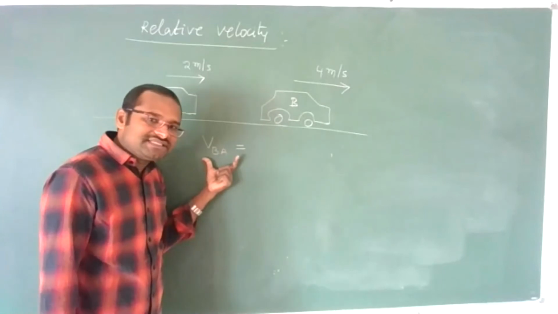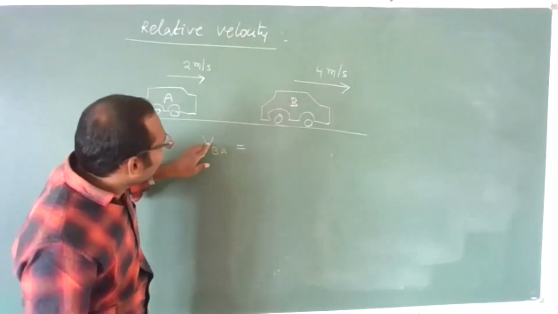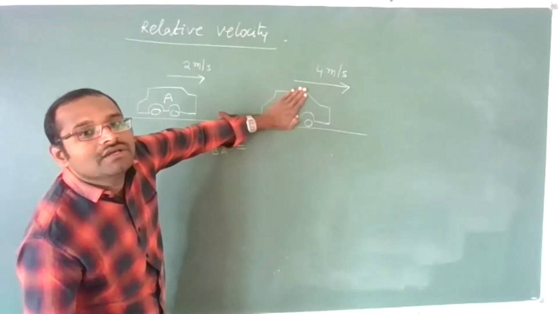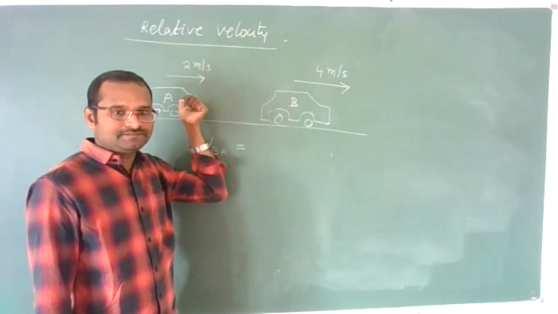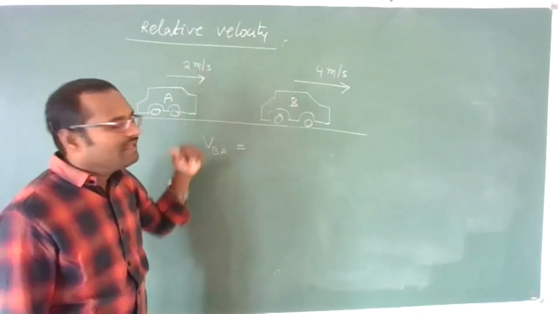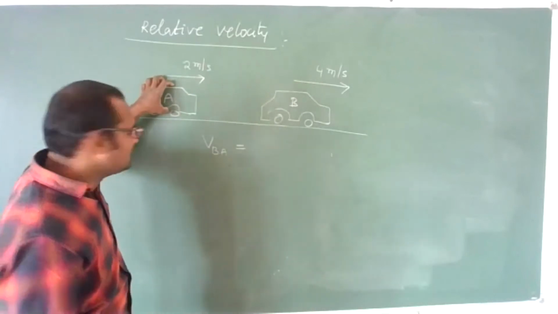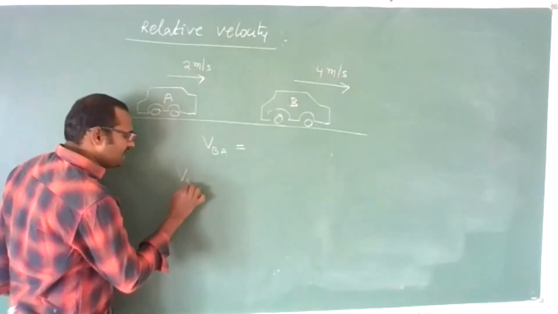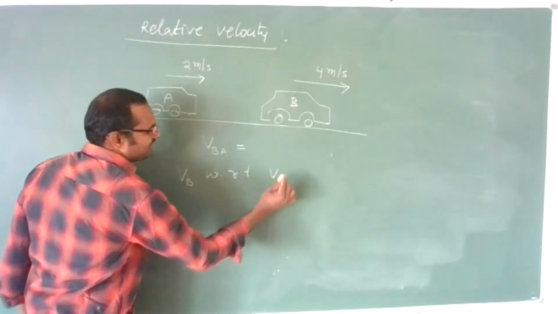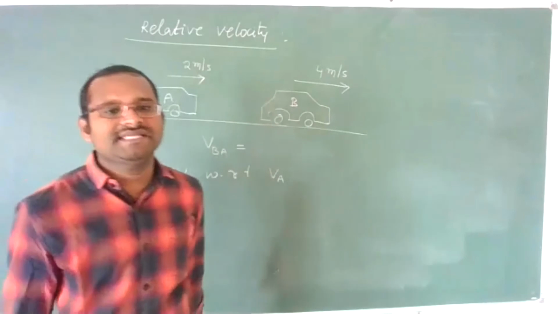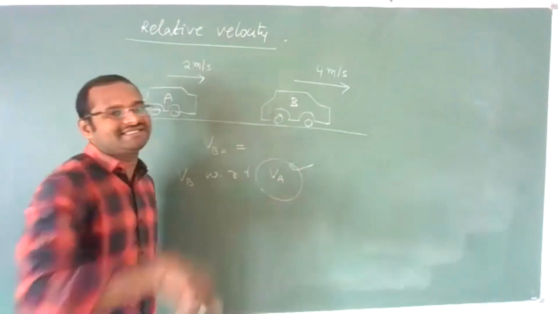If you want to say, this is what I have written, VBA. The meaning of this is velocity of vehicle B with respect to vehicle A. See here what I have written: velocity of B with respect to velocity of A. So whenever you say this, you should be with the vehicle with which you are discussing.